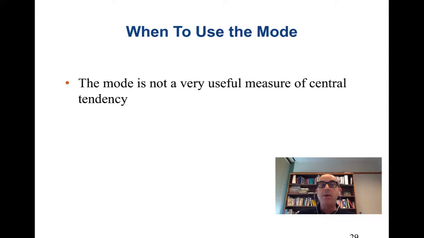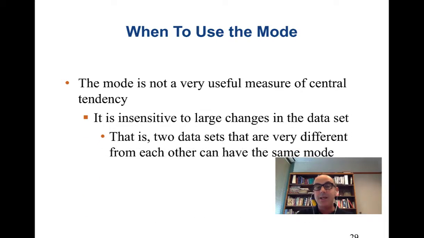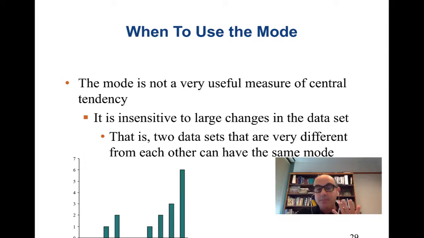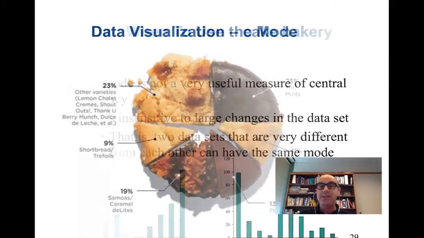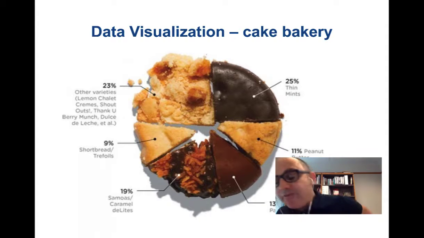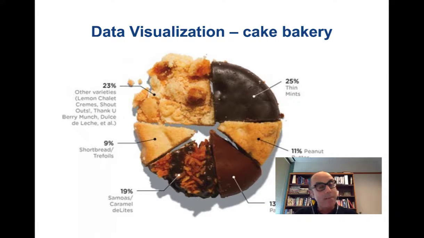The mode is not very useful to measure central tendency. It is insensitive, so be careful when you use it, and be concerned about what it entails with regard to statistics. One of my favorite visuals, which I probably show again and again, is about a bakery: what type of cookies you like best, thin mints, shortbread, or even peanut butter and chocolate.